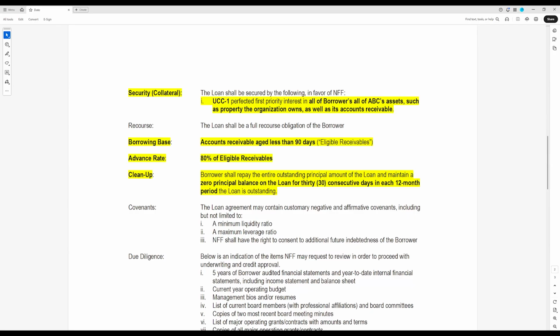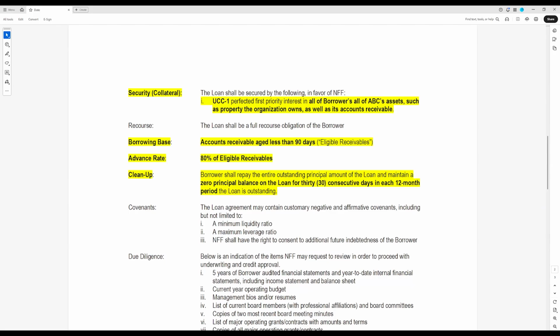The borrowing base is the full amount of your eligible receivables, meaning those invoiced contracts that are 3 months old or less. You can borrow 80% of that total up to a maximum of $1.4 million, whatever's less, whatever's smaller. So if 80% of your eligible receivables comes to more than 1.4 million, you can only borrow 1.4 million.